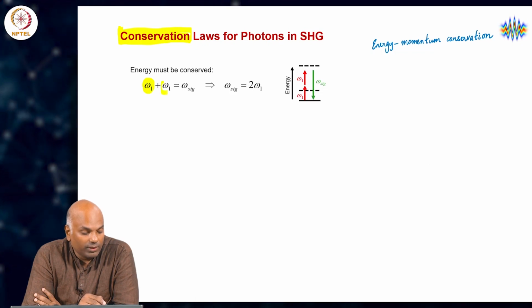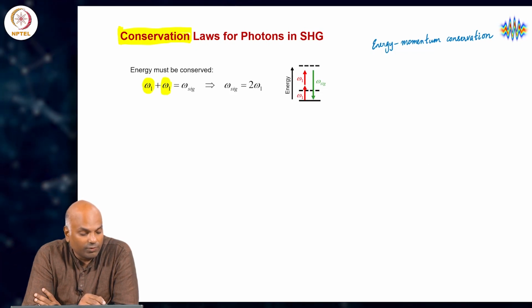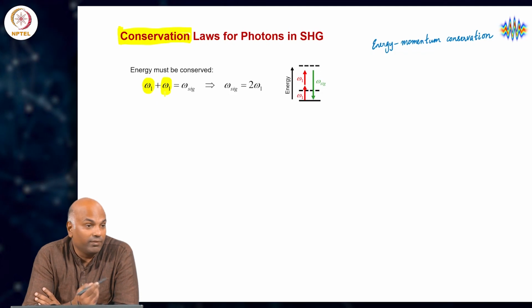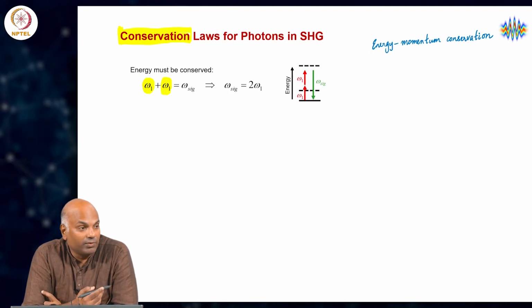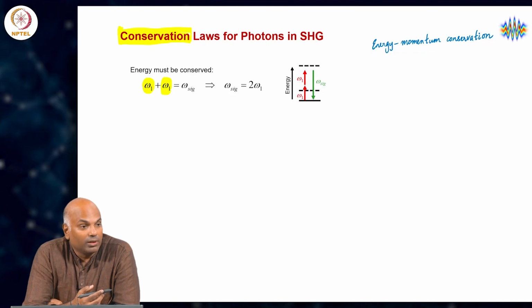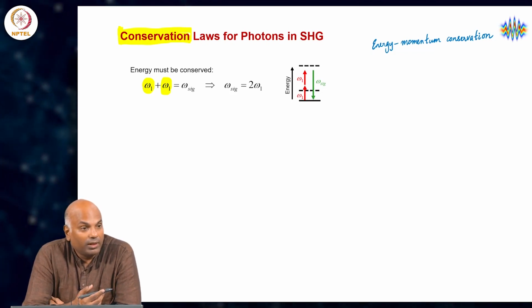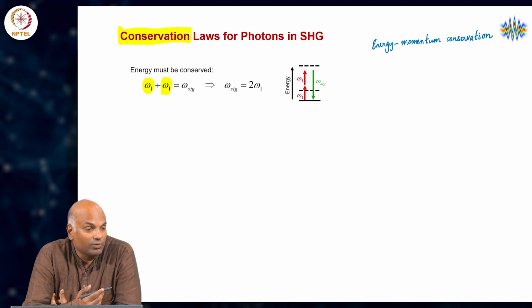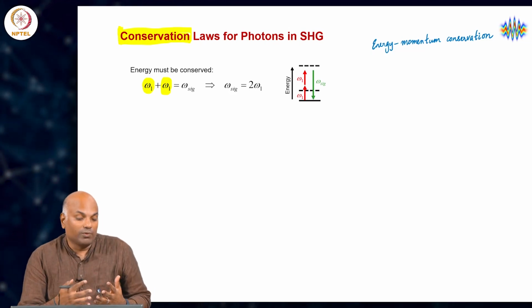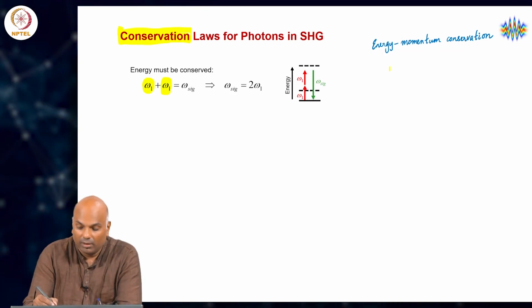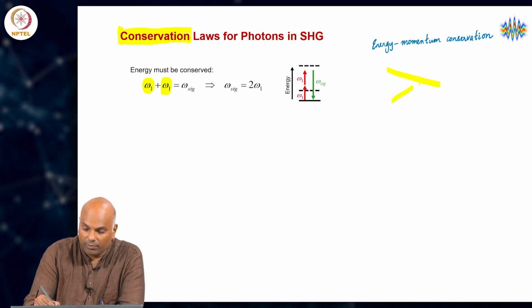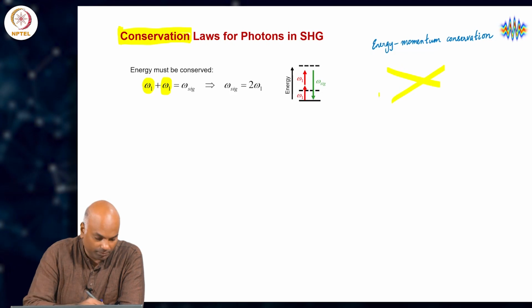So, we go in with 2 beams of frequencies omega 1, even a single beam in a medium which has appreciable nonlinear response can behave in a sense of 2 overlapping beams of omega being present there, or you can deliberately split the beam and have 2 beams of omega.